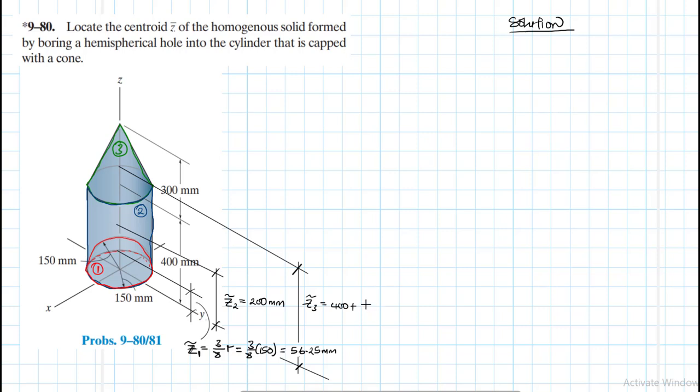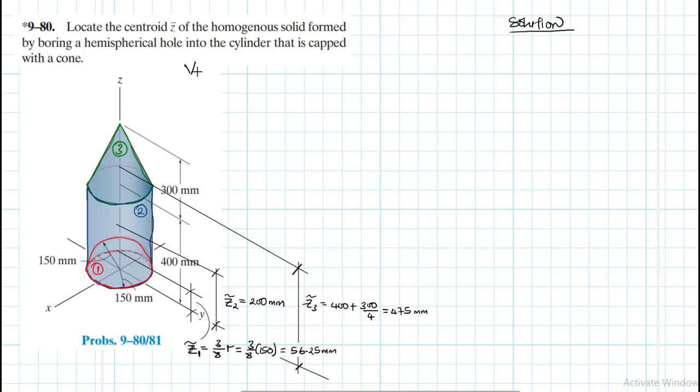So this is going to be, the height is 300, so it's 300 divided by 4. So what does this give us? It is 400 plus 300 divided by 4. So this gives us 475 millimeters. Have I done everything correctly? Great. Don't forget, this one we need to give it a negative when we come to calculate the volume for the hemisphere. We need to give it a negative.